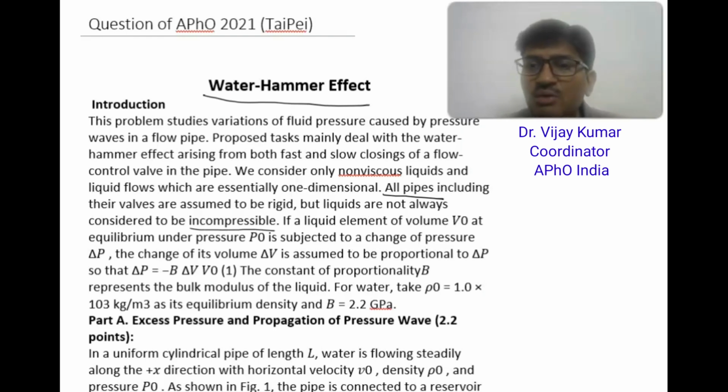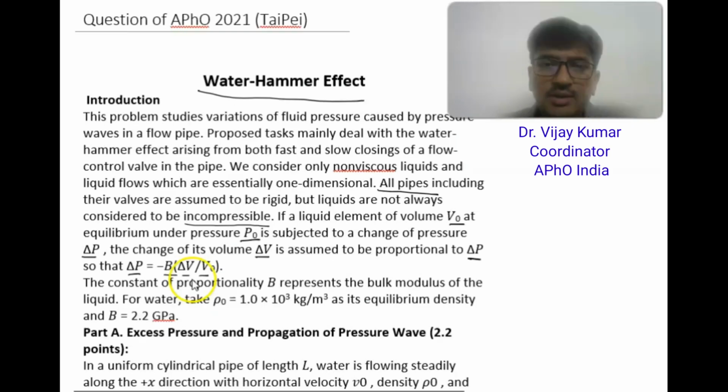If a liquid element of volume V naught at equilibrium under pressure P naught is subjected to a change of pressure delta P, the change of its volume delta V is assumed to be proportional to delta P, so that delta P is equal to minus B delta V upon V naught, where B represents the bulk modulus.